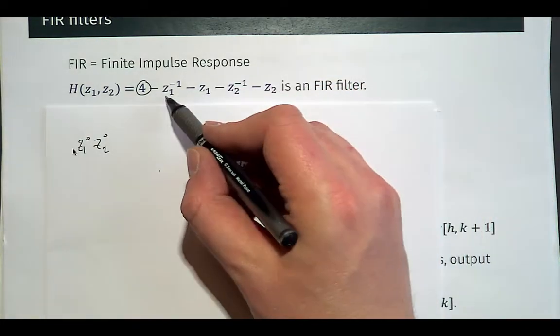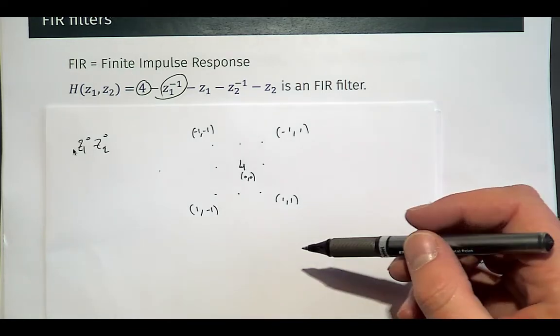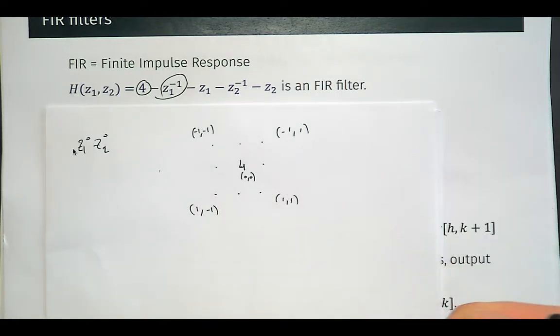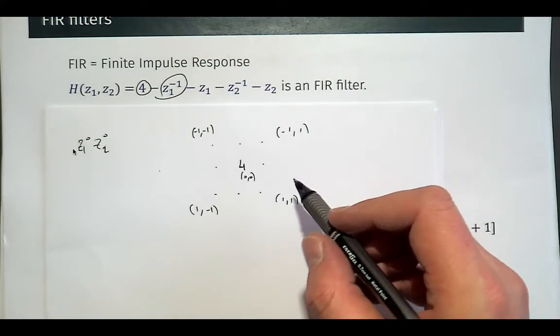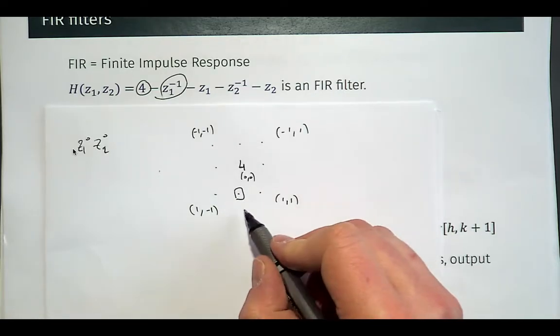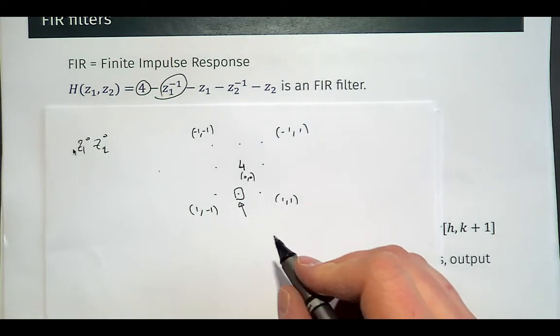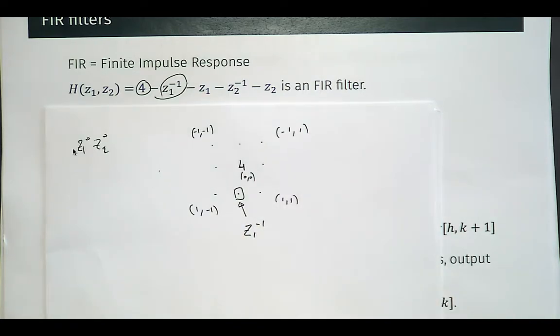Then I have this term here, which is a power of -1 in Z1. That means we're looking 1 pixel ahead, and that means you're looking at this pixel here. So that pixel here is Z1 -1.